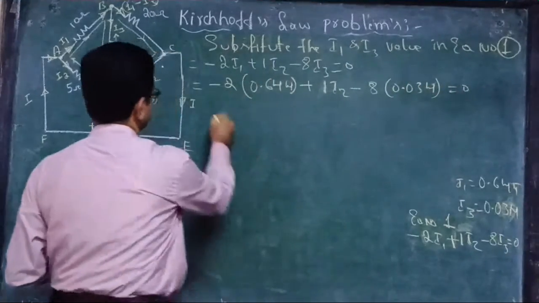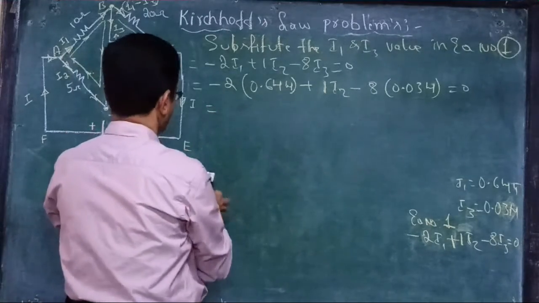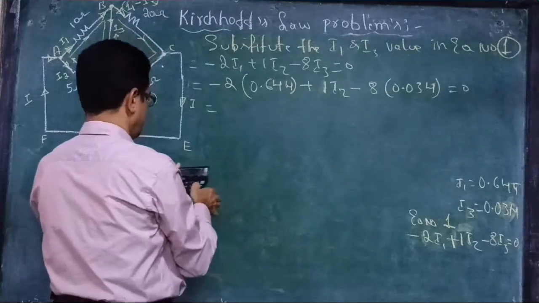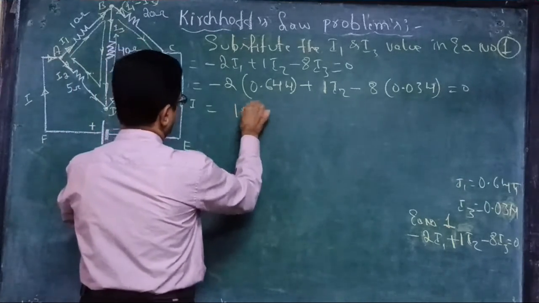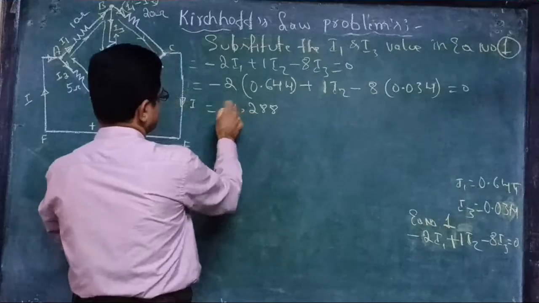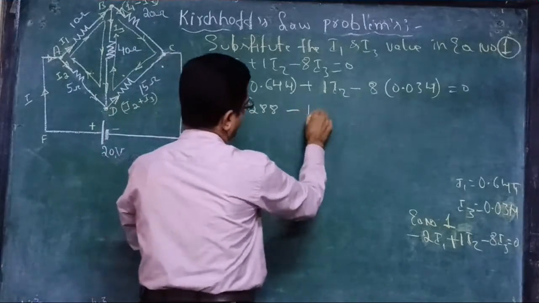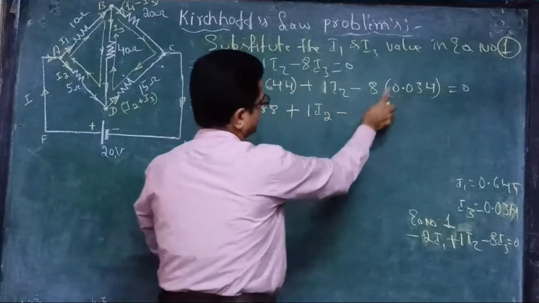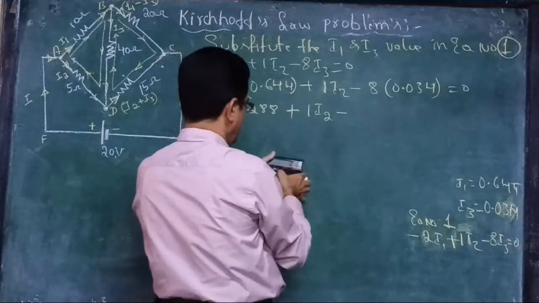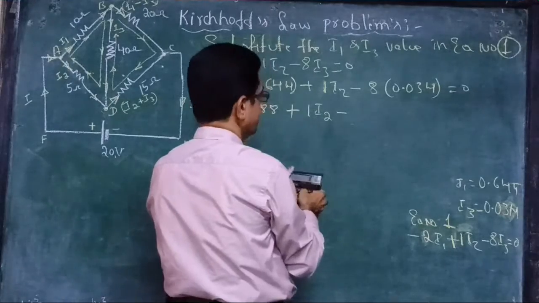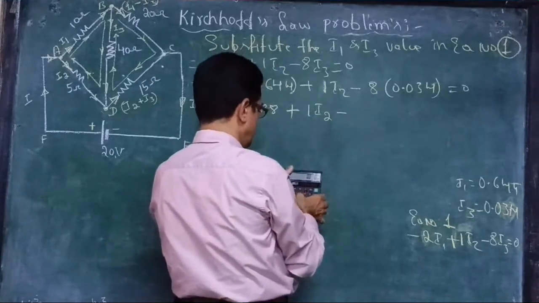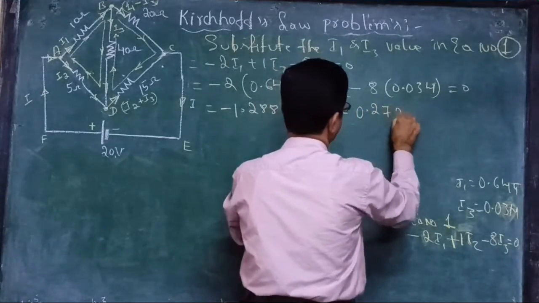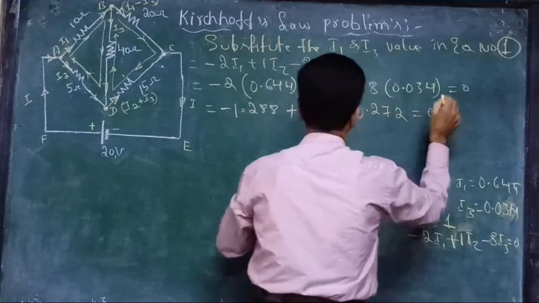So next here, 2 into 0.644 is equal to 1.288. So this is minus. Next, plus 1 I2, minus 8 into 0.034 is equal to 0.272, is equal to 0.